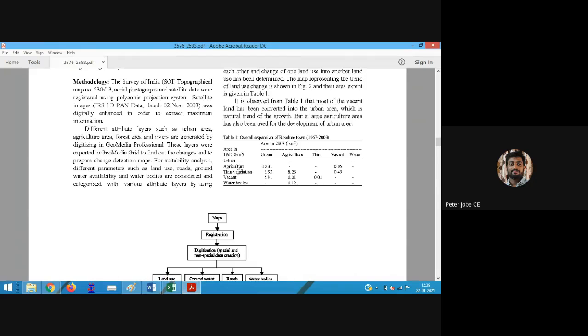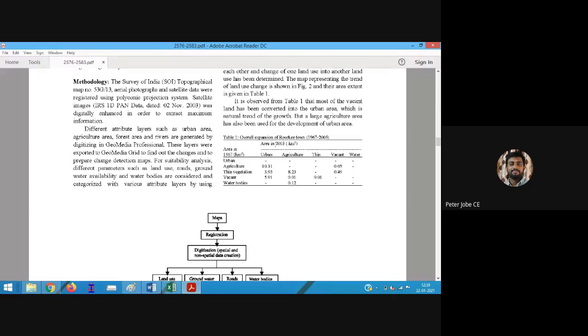And similarly for all those things, for thin vegetation, vacant areas, water bodies, etc., how all these things have changed. So if you want to find out the area in 1967, let us refer from top to bottom, and for the 2003 area, you'll have to refer from left to right. So you can see how the urban agriculture has changed.